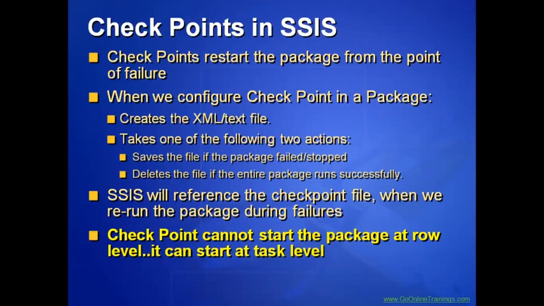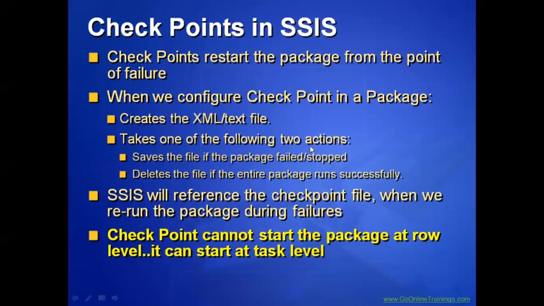So when you re-execute the package, it has to execute from task number 3, but not task number 1 and 2. Am I clear? So this kind of technique is called a checkpoint. Checkpoint restarts the package from the point of failure.